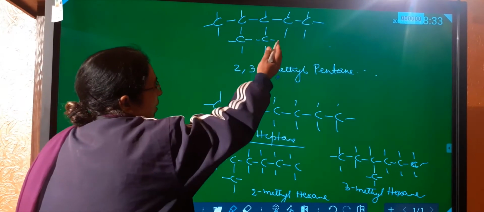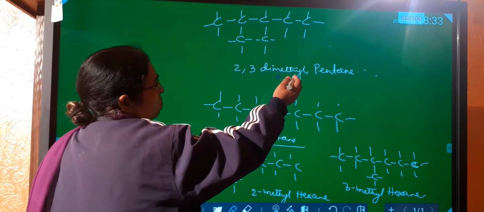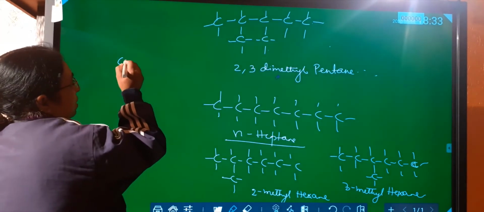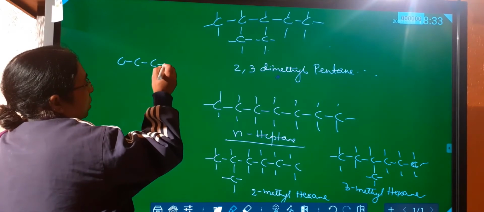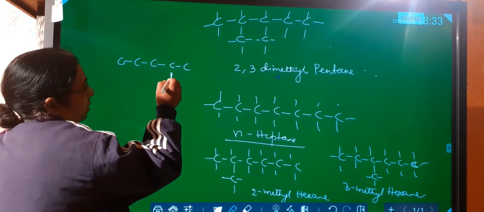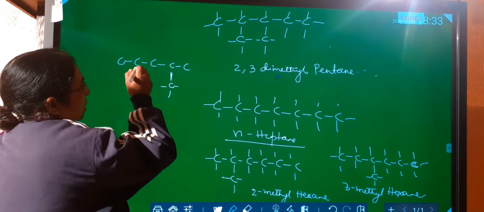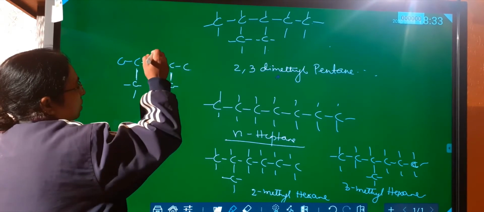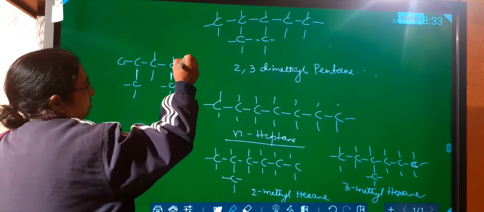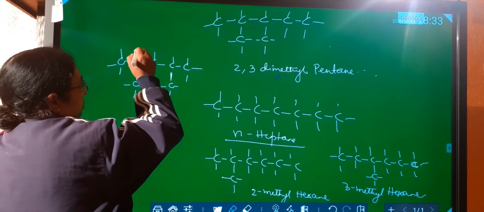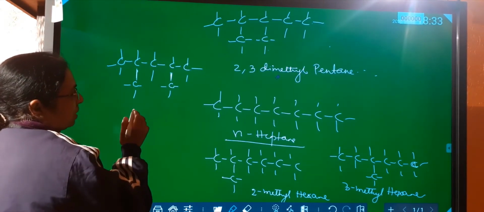Alright, another one I can make is what? Similarly 1 2 3 4 5, and then if 1 carbon is over here and another carbon is over here, yes, so what will be the name for this?